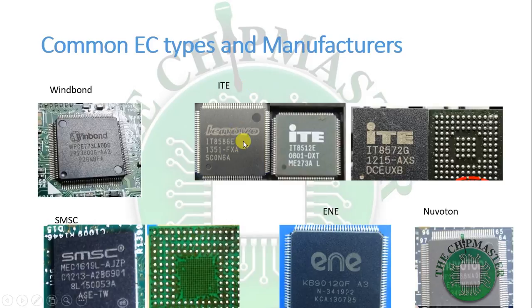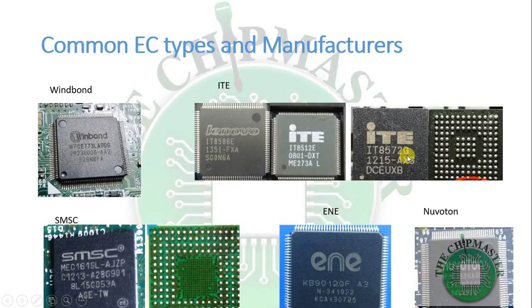We have the ITE QFN package, and we also have the BJ package. Each ITE chipset or EC always starts with IT. IT8586, IT8512E, IT8572G.